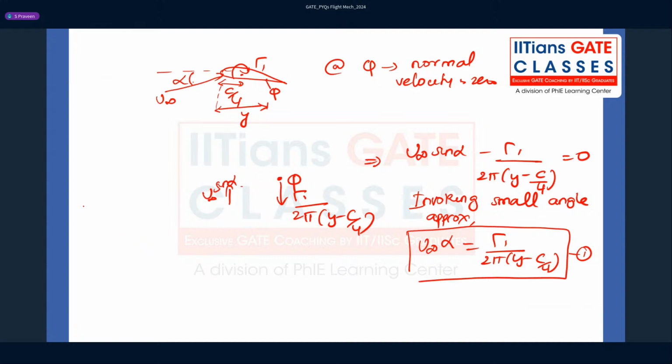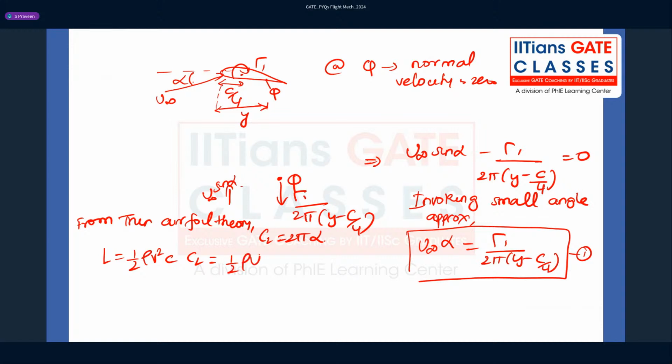From thin airfoil theory, what is my CL? It is 2 pi alpha, right? Therefore, what is my lift? We know the formula for lift is half rho v square S times CL, where S in this case is c, so I can write this as half rho u infinity square c times 2 pi alpha.